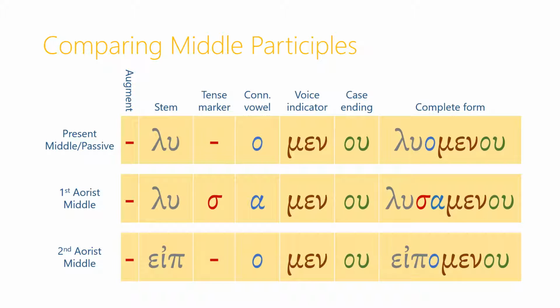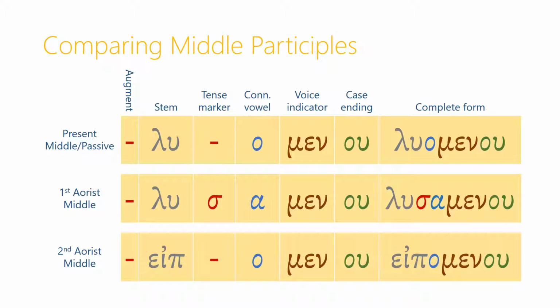Again, let's compare our components of middle participles. The second aorist middle uses the second aorist stem, no augment again, no tense marker because this is second aorist, and the omicron connecting vowel before men and then the second or first declension noun ending.